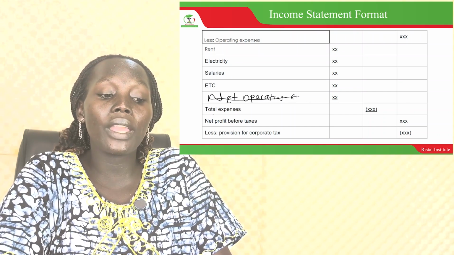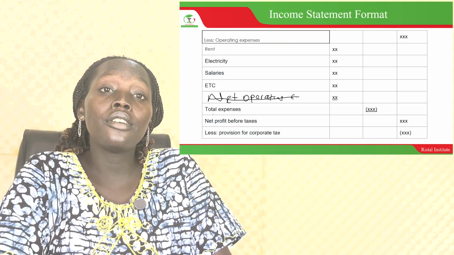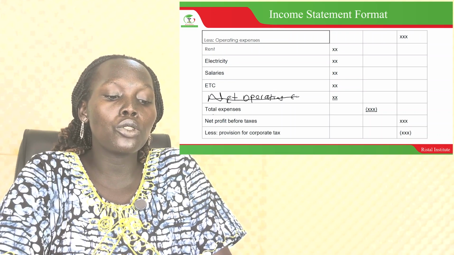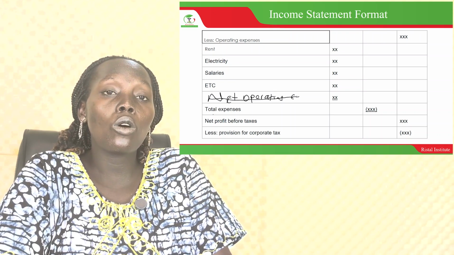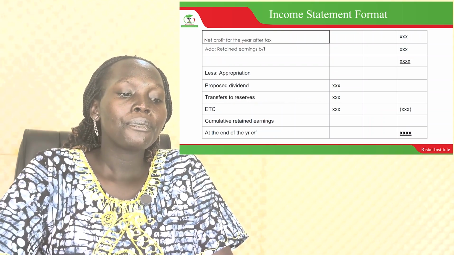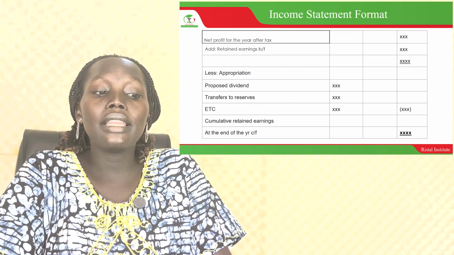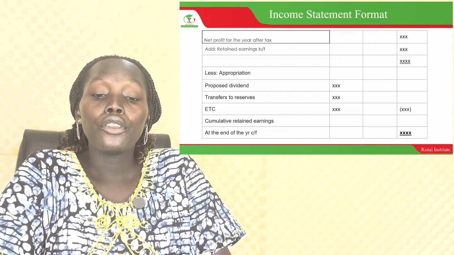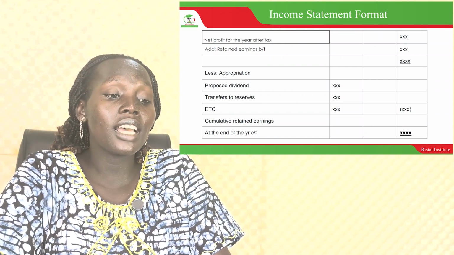The profit that we are getting is before tax. So if you have taxes that you're supposed to pay, then you less those taxes for you to be able to get the net profit for the year after tax.